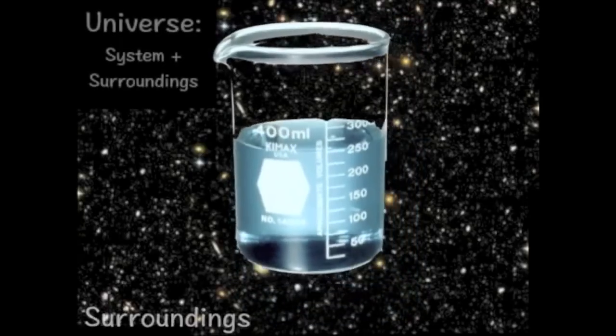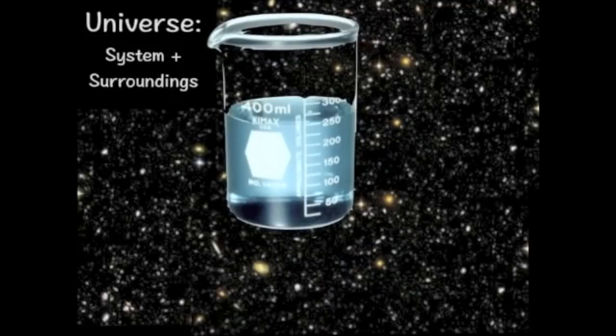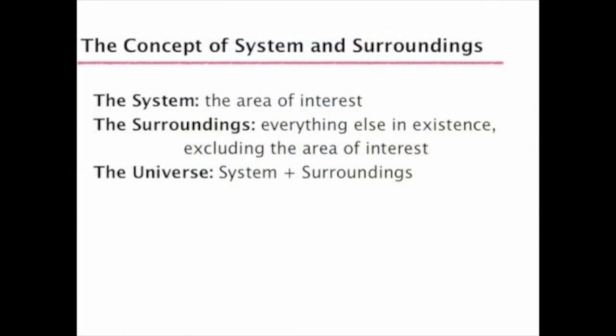And so therefore, the universe is a system and its surroundings. So the system is the area of interest where the reaction is taking place. The surroundings is everything else in existence, excluding the area of interest. And the universe is the system and surroundings.